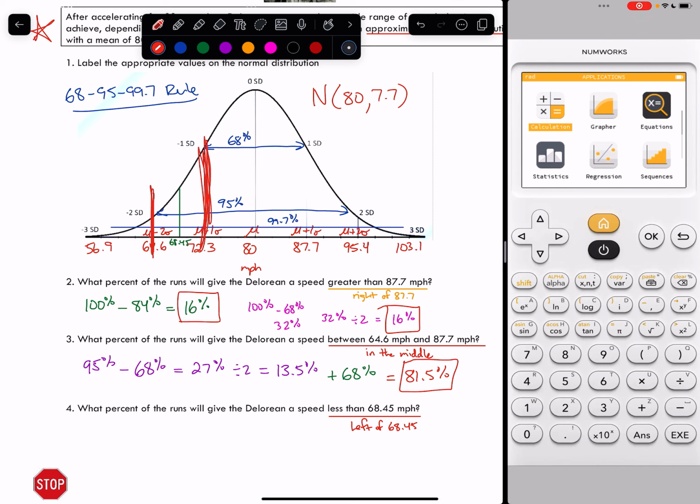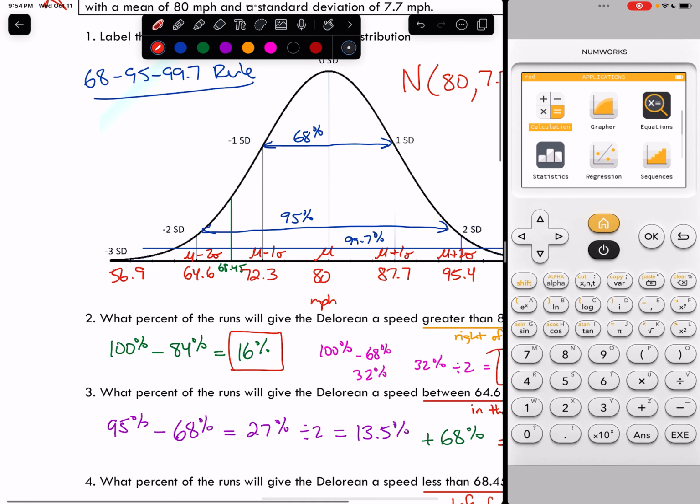So maybe I just cut that section in half, right? Because it looks like it's about halfway. So if we do that, then what I really want to do is figure out how big is that section, right? How big is the section from -2 to -1?